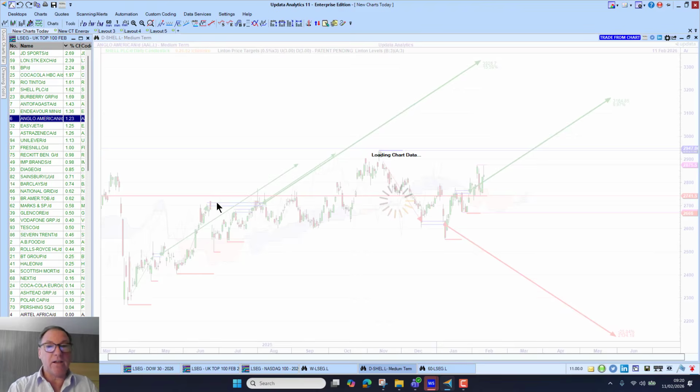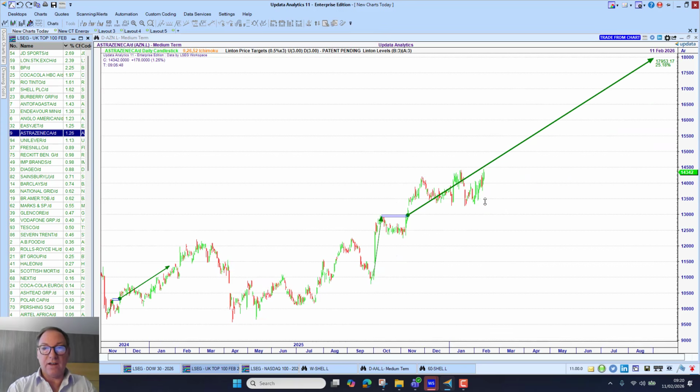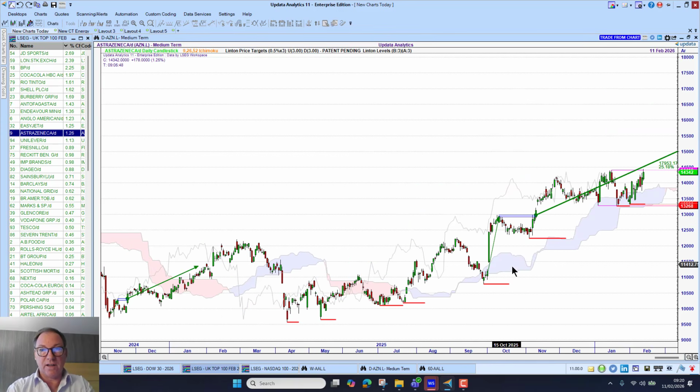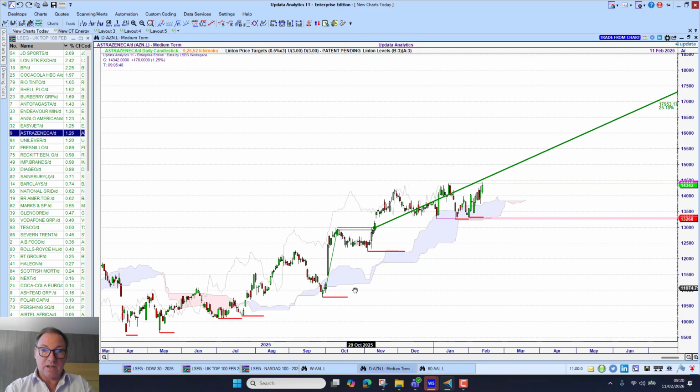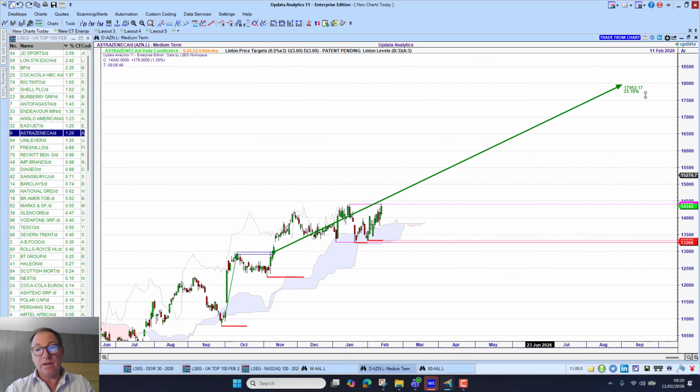Of course, Anglo, lots of upside targets alongside Rio. We're seeing lots of upside targets there, so that's really, really strong. AstraZeneca, another one that's just given an upside target, so that was given back in October, November, and it's saying that by later this year, that's the trajectory of the price target.